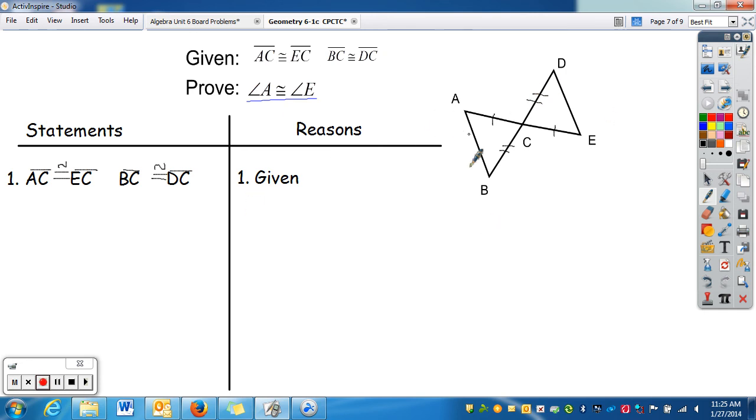If I want to prove triangles congruent, I'm going to need 3 because they're not right triangles. Notice I have that X, so I have vertical angles. So I know this angle is congruent to that angle. So in step 2, I can say angle ACB is congruent to angle DCE.